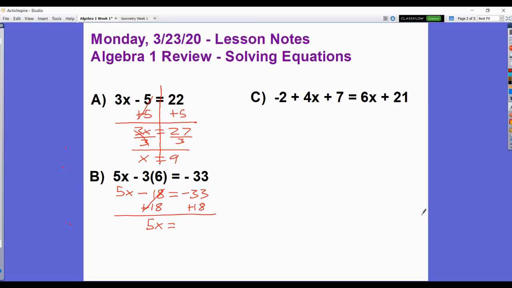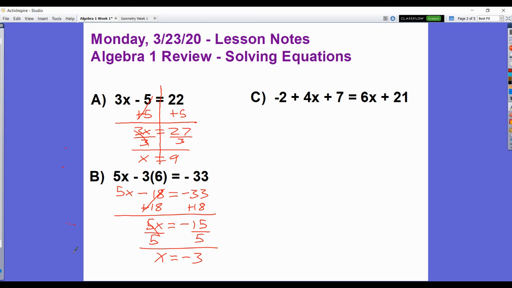So you got negative 33 plus 18. That's going to leave you with a negative 15 in the end. All right, one step left. Now we got to take care of that 5. We're dividing by 5 just like we did up above. That's going to get us x is equal to negative 3, and that would be our answer.